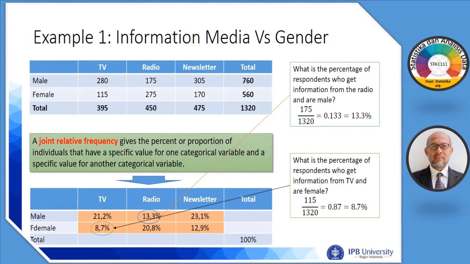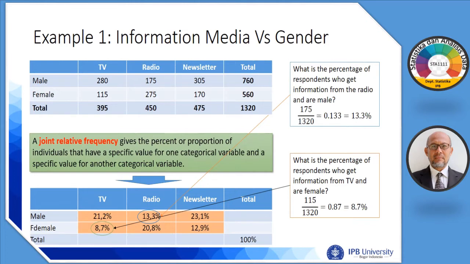So we call this joint relative frequency. Okay, another example: what is the percentage of respondents who get information from television and are female? Look at the contingency table, there are 115. So you can calculate 115 divided by 1,320, and you have 8.7%.